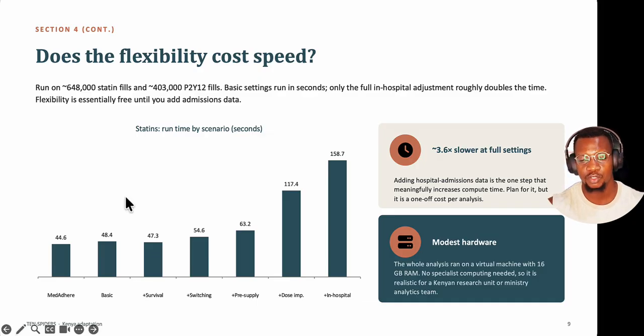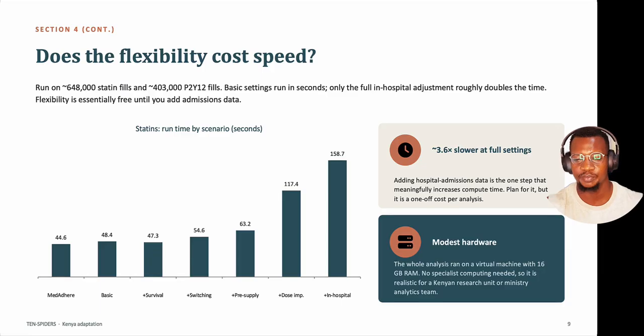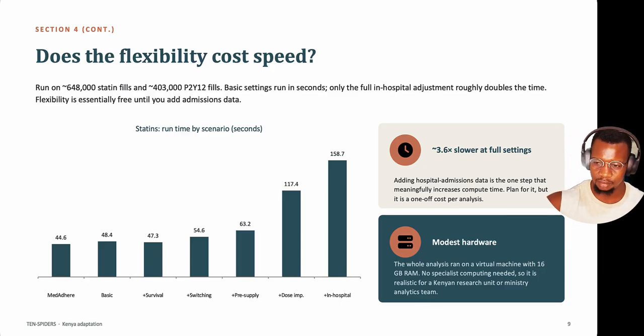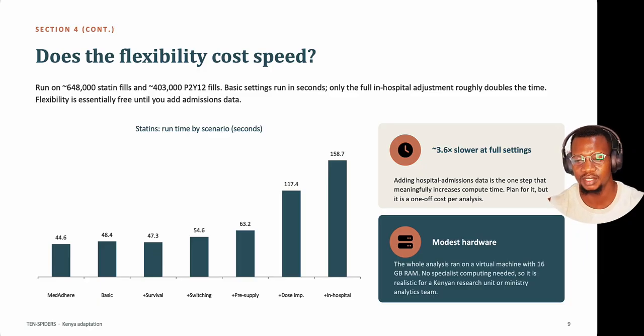What happens when you add them, such as survival, switching medication, pre-supply, dose imputation, and in-hospital admissions data? You can see what happens from basic to in-hospital, and this is in seconds.